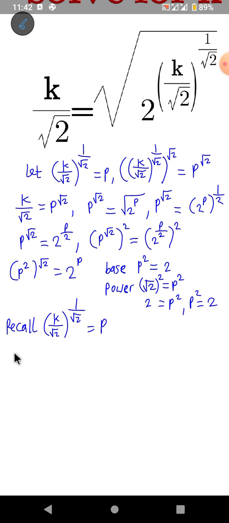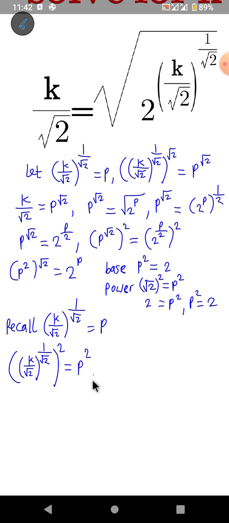So I'm going to square both sides here now. I'll write (k over root 2 raised to the power of 1 over root 2), then close my bracket, squared, then equal to, I'm also going to square this side.